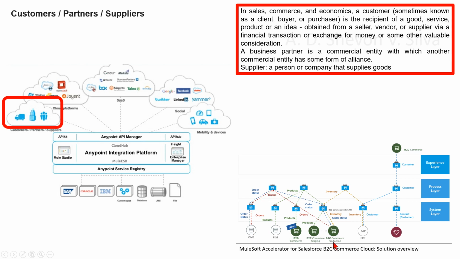And B2C commerce orders are passed from B2C commerce production to Mule API in the process layer, and orders are passed from Mule to Mule in the system layer, and orders are passed from Mule to OMS.